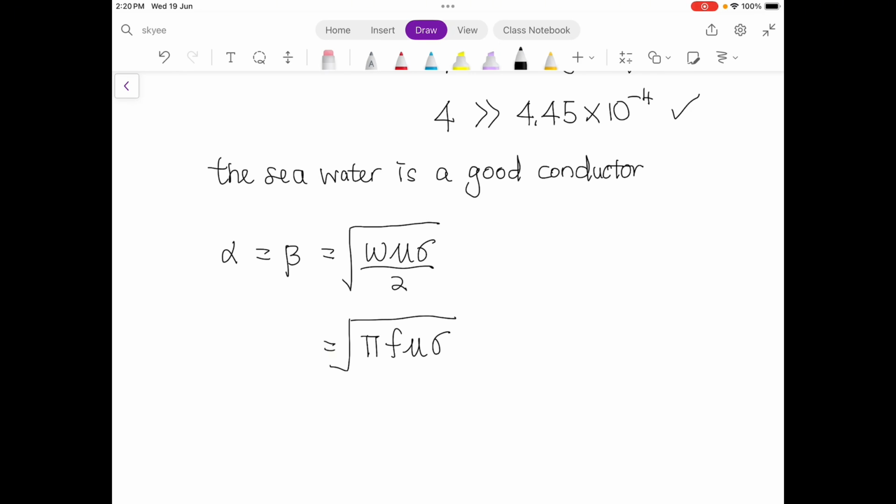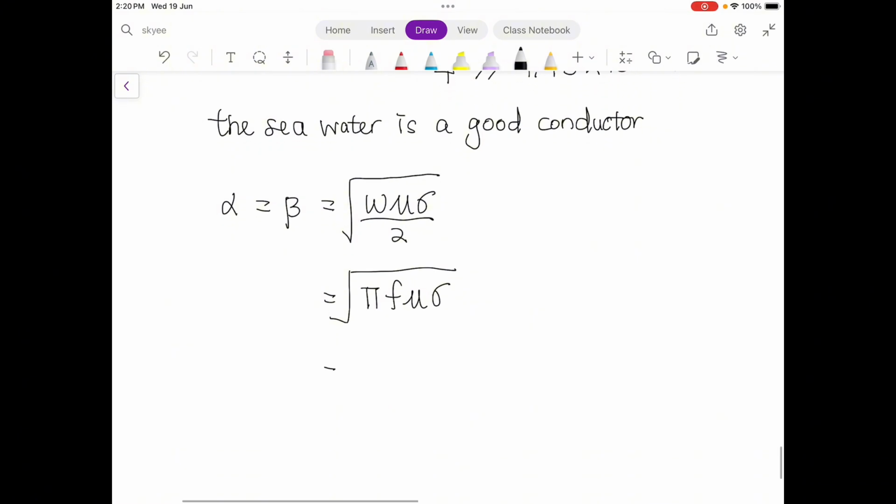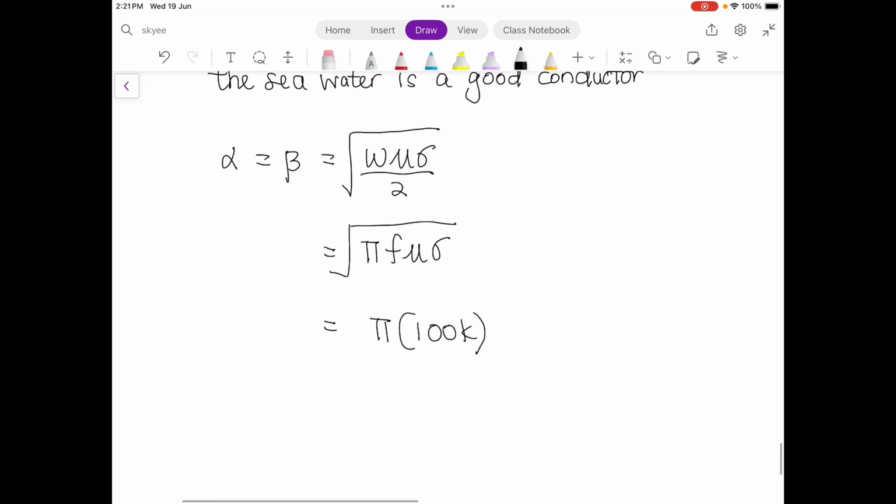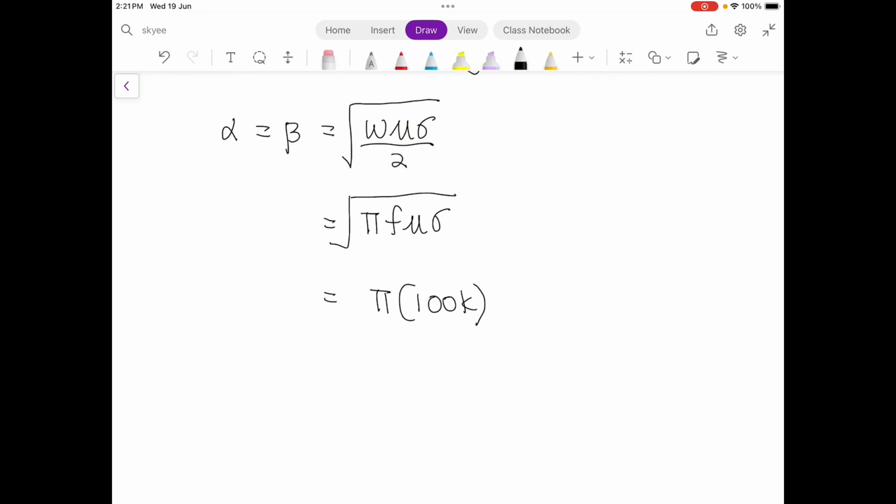If you use the second one, you replace f with 100k, mu is mu naught, and sigma is equal to 4.